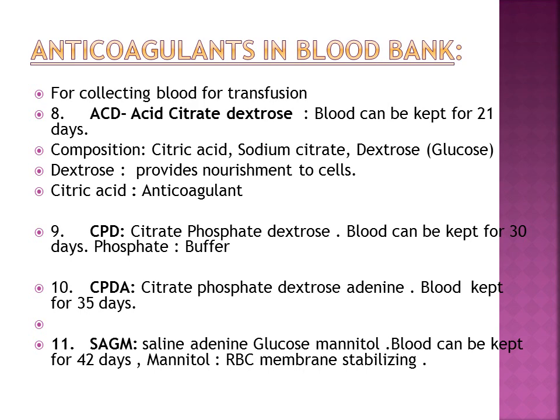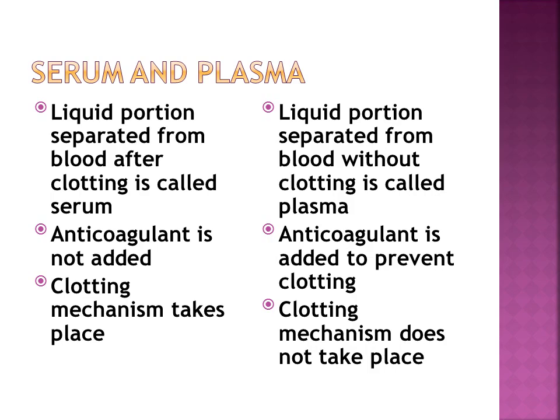Hello students, today we will talk about the liquid portion separated from blood after clotting. Serum is the liquid portion where anticoagulant is not added, and because of that the clotting mechanism takes place. Plasma is the liquid portion separated with anticoagulant, and therefore the clotting mechanism doesn't take place. Clotting factors are not present in serum, but are present in plasma.